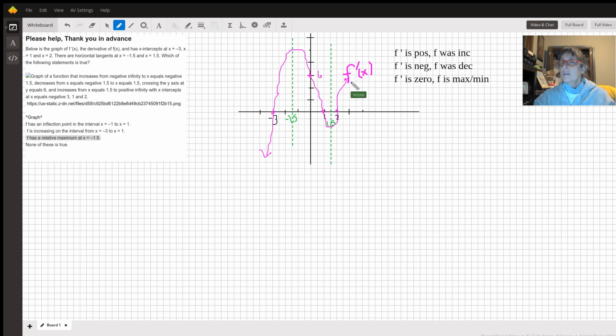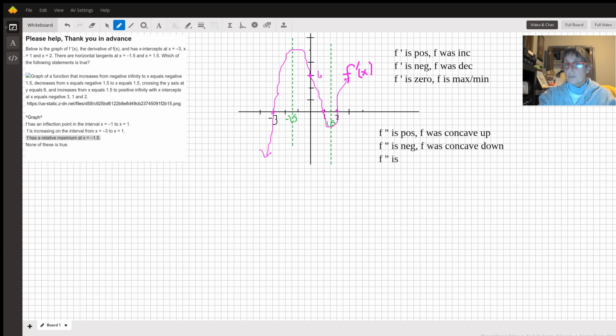So this would then become like the original function, and its derivative would be the second derivative. Now, I need to write a few truths about the second derivative. If the second derivative is positive, that means the original function was concave up. If the second derivative is negative, the original function was concave down.